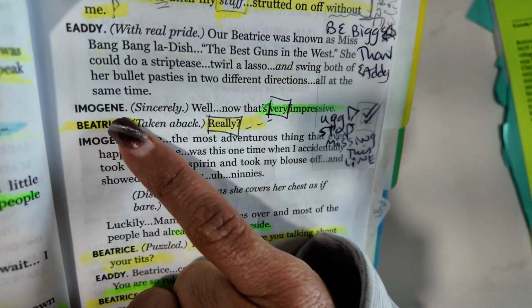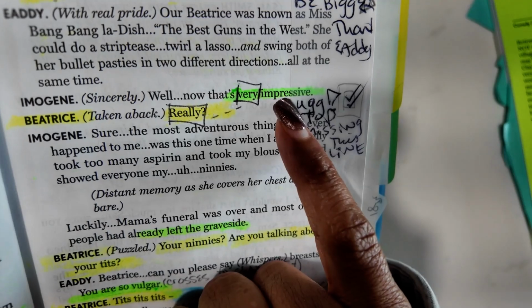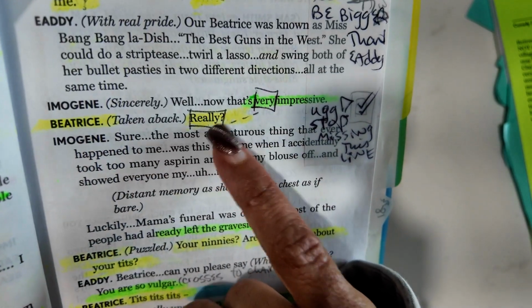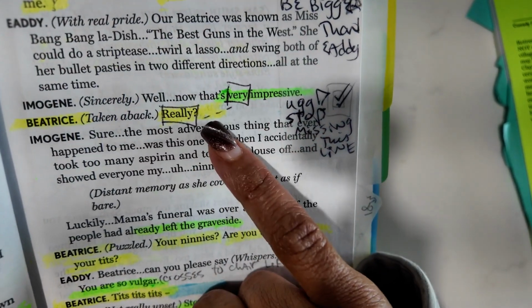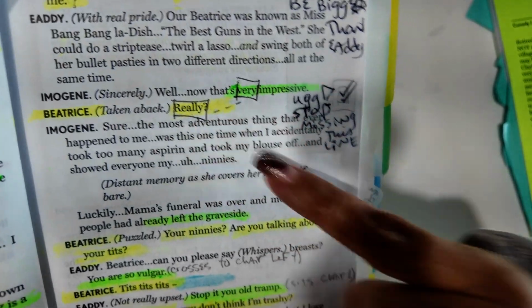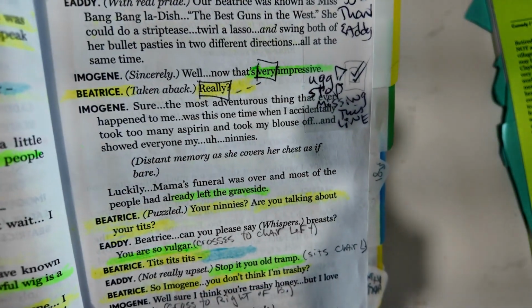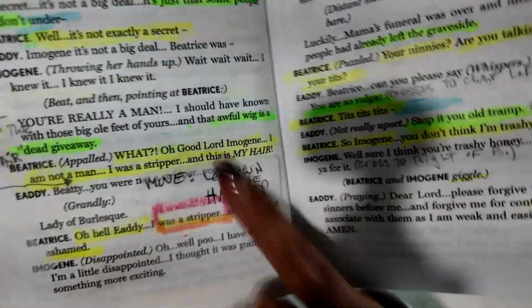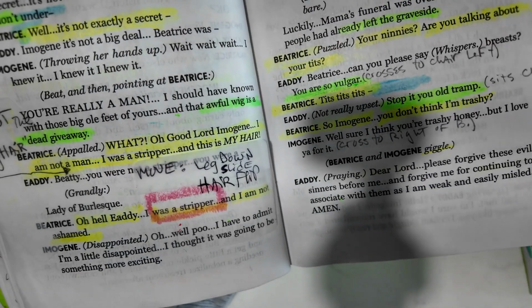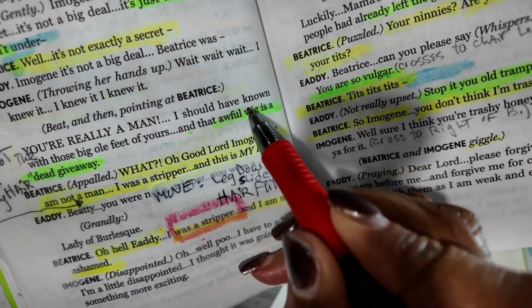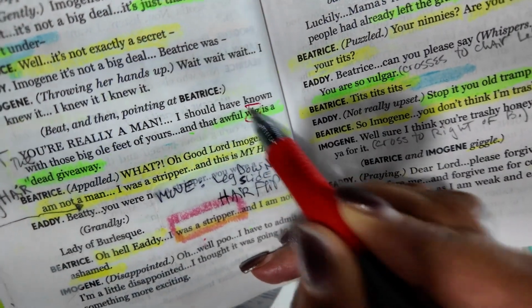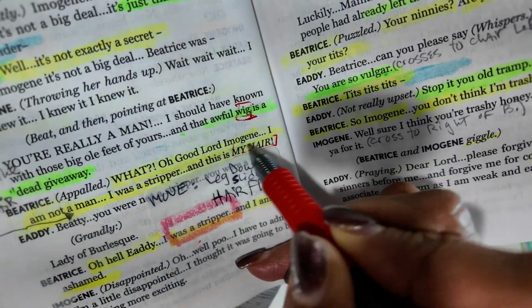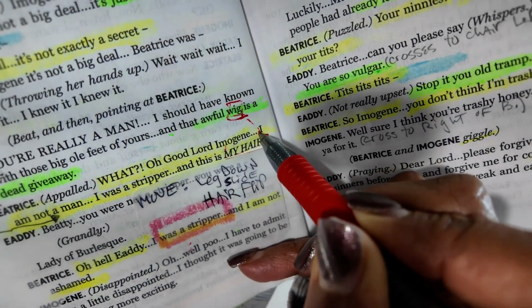In this case, Imogene says, now that's very impressive, and I'm supposed to say, really? I can link these two in my mind. They seem related to me, so it helps me remember. Here, for example, I could have, but never did, linked wig and my hair. That may have helped me remember that and not take so long.